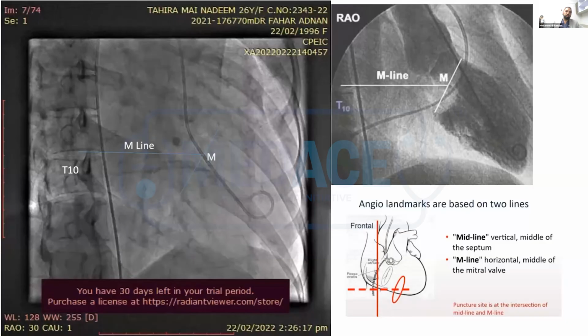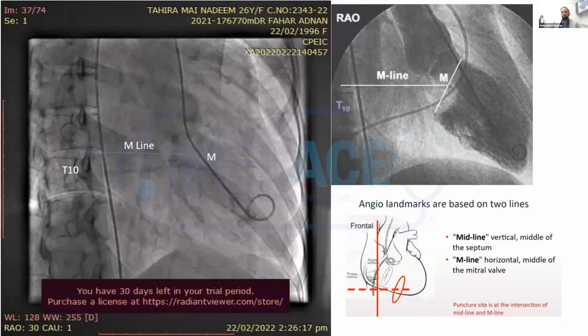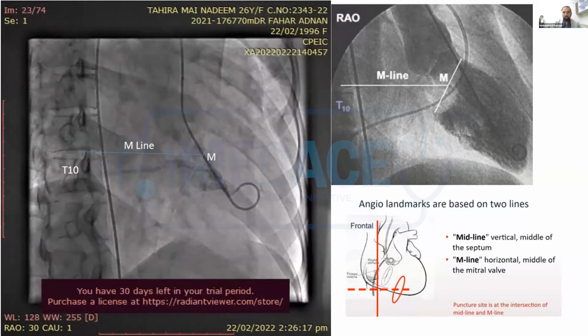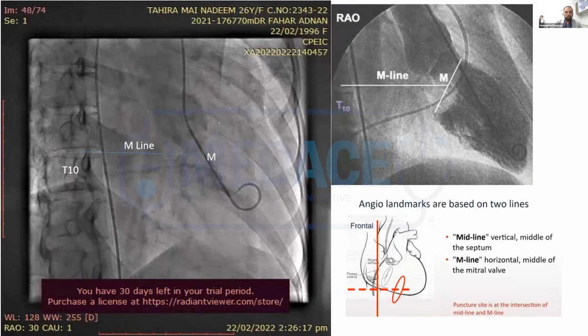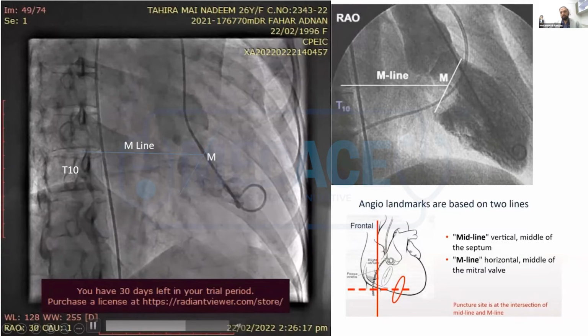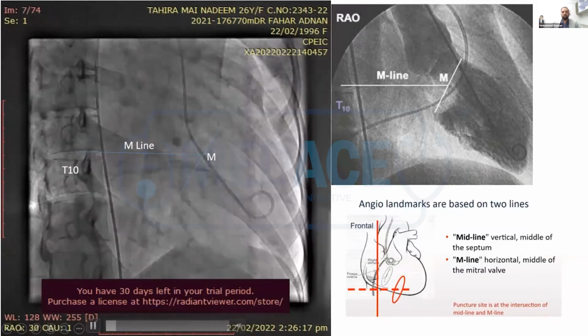As I have marked in this, you can clearly see that we will draw a line across the mitral annulus, and from the midpoint of this mitral annulus line, we will draw a horizontal line towards the spine, and this will delineate the spine, which in this case was the T10 vertebra. And this horizontal M line basically is passing through the middle of the mitral valve.